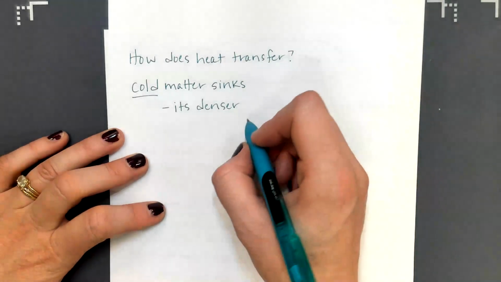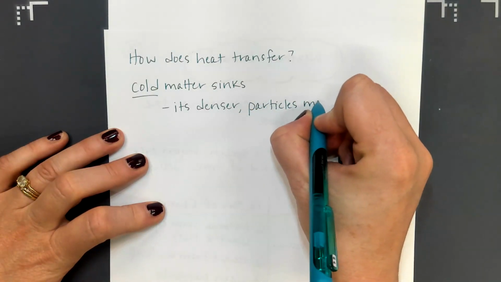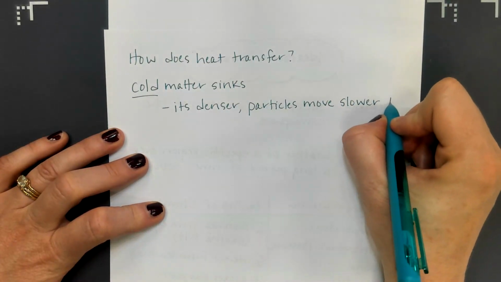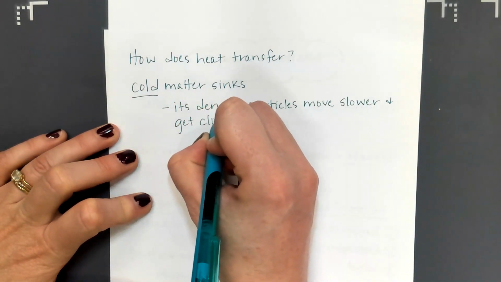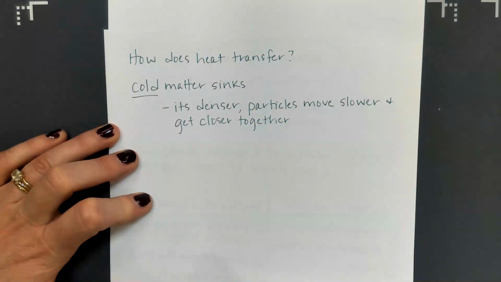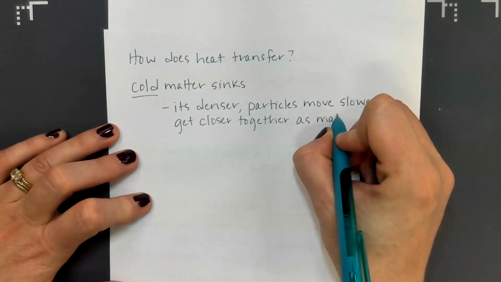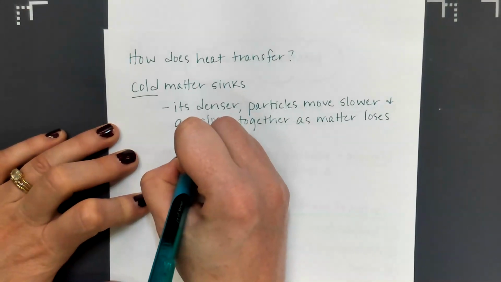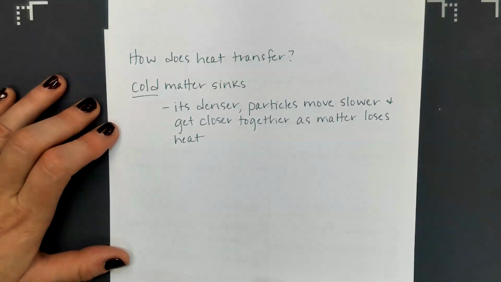The particles are moving slower, and because they're moving slower, they get closer together as they lose heat. Does that make sense?